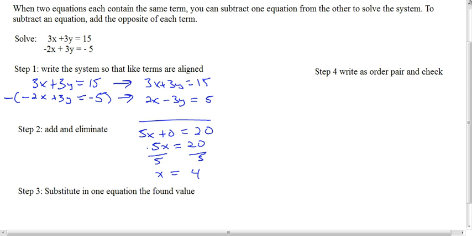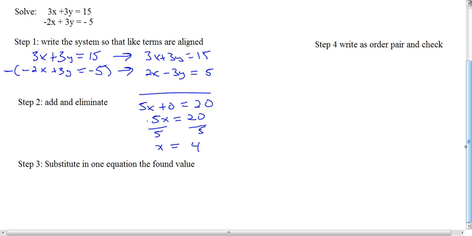So I've completed 2 steps. Now I go to my third step, which says to substitute my x value into either one of the original equations, and then solve. Let's use the 3x equation: 3x plus 3y is equal to 15.